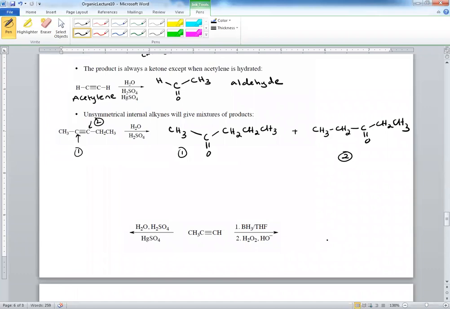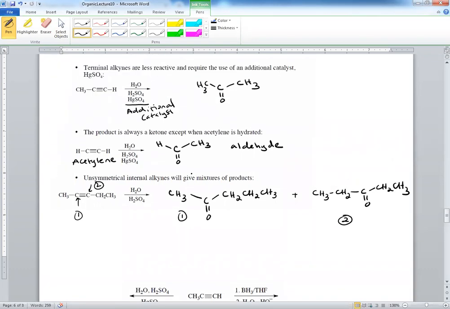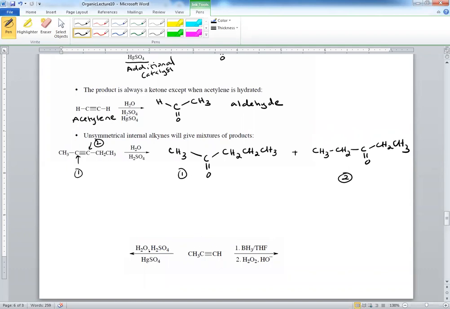Now, lastly, if you have a terminal alkyne and you use the mercury-based catalyst, like we said here, you will produce the ketone. With this one, it's going to go there.